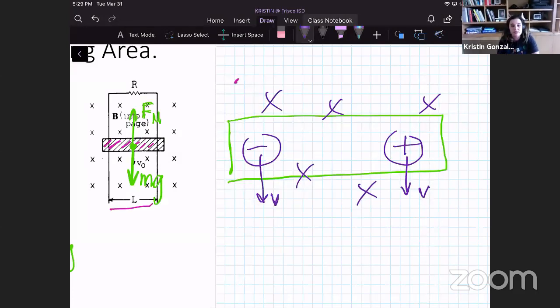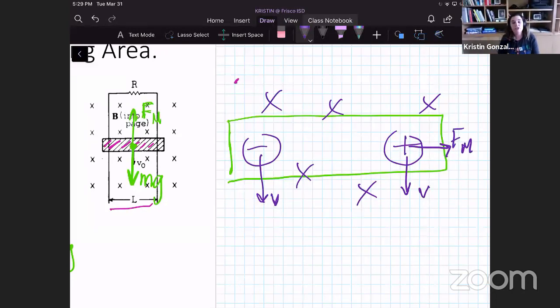They experience a force. If we use our right-hand rule and look at which way those individual charges are being forced in that bar, let's take the positive charge first. The positive charge is moving down, and if the velocity of those positive charges is down and the magnetic field is into the board, then those charges are going to experience a force this way.